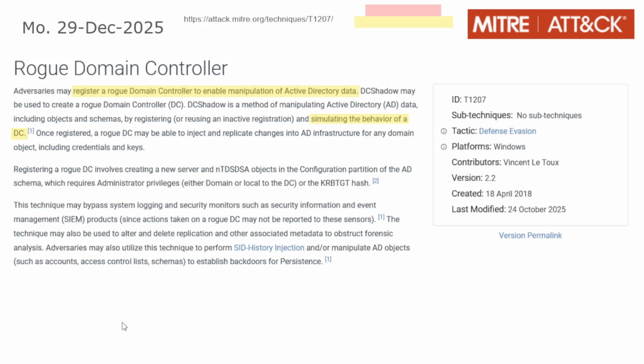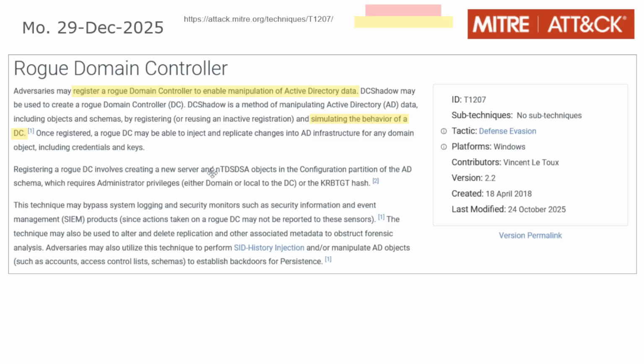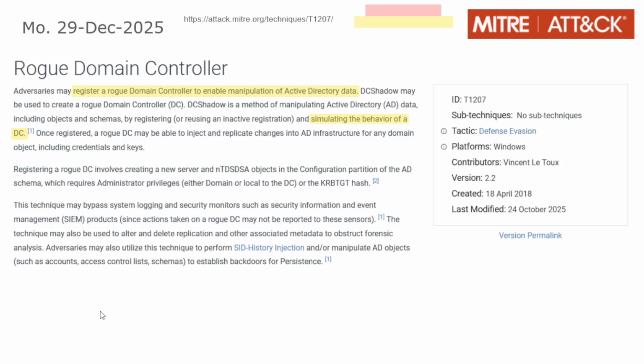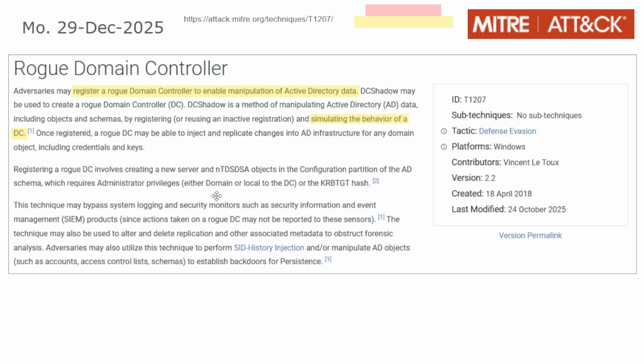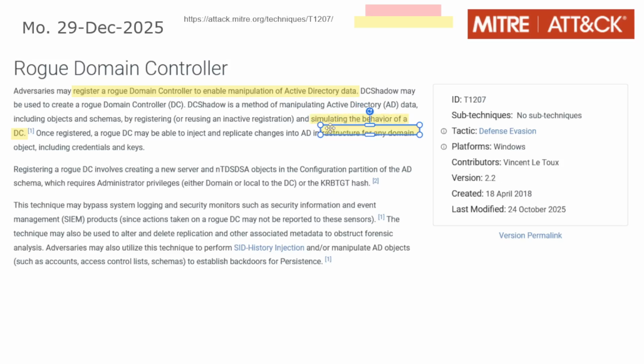Registering a rogue DC involves creating a new server in the nTDSDSA objects in the configuration partition of the AD schema, whatever that thing is, which requires administrative privileges, either domain or local, or the key RBTGT hash. And this is something I used to detect.